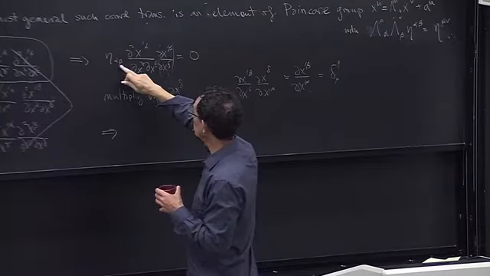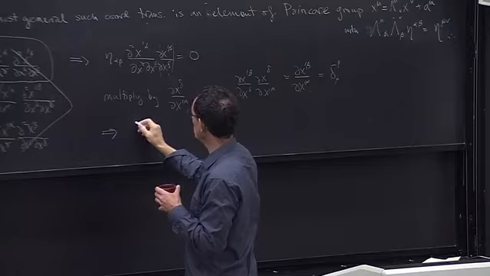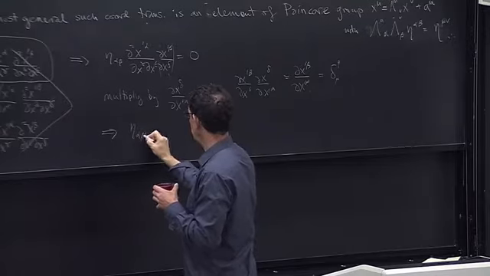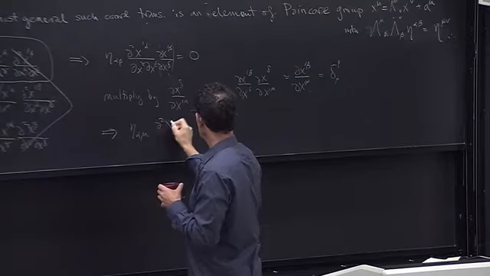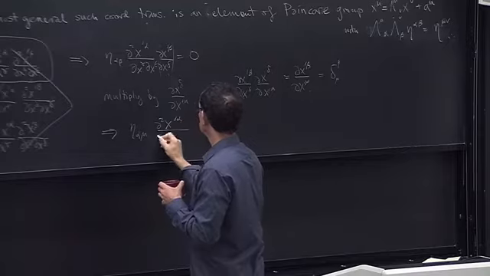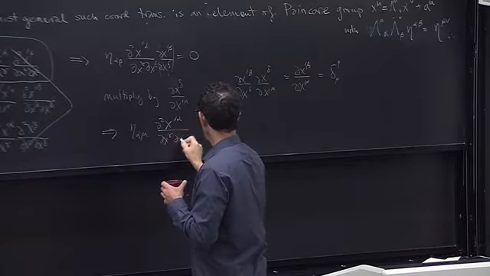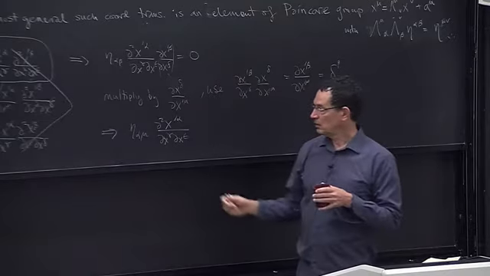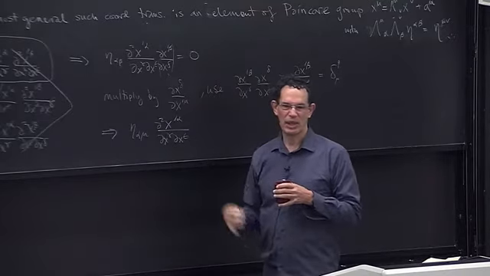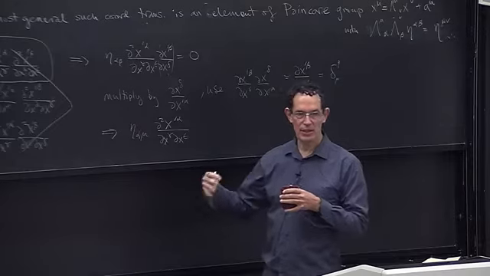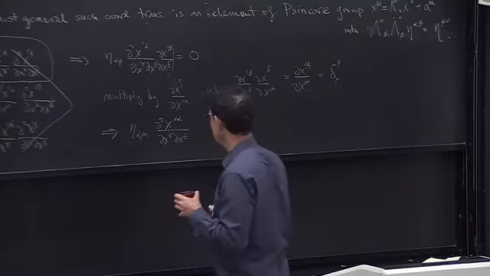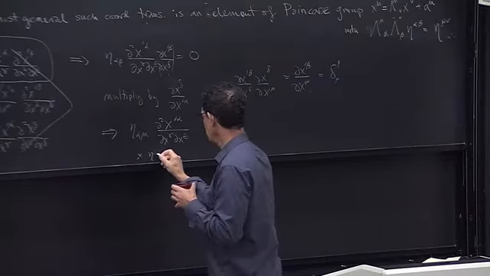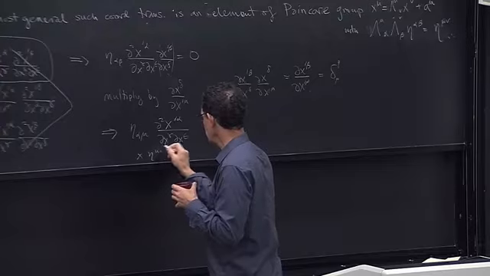the delta beta mu will change this index to a mu, so I get eta alpha mu d2x prime alpha over dx gamma dx epsilon. Right, and I have this free index mu. Well, I can get rid of the eta because eta times eta inverse is 1. So now I just multiply it by eta inverse, eta mu nu, let's say.